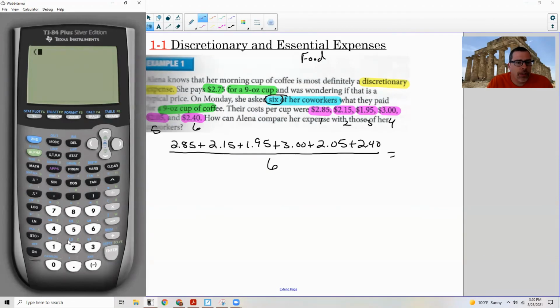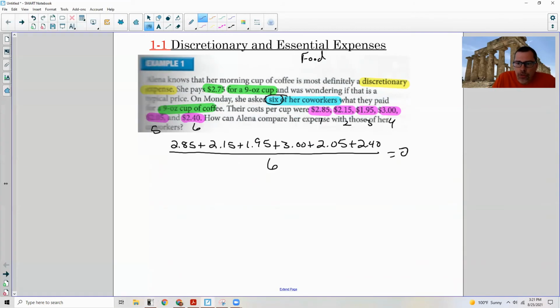But I would need parentheses around 2.85 plus 2.15 plus 1.95 plus 3 plus 2.05 plus 2.40. Okay, so I'm going to take all of those values, divide by the number and hit enter. And I got 2.4. And since it's money, we round to the hundredths position. So it's 2.40.